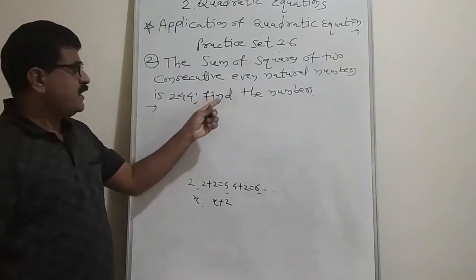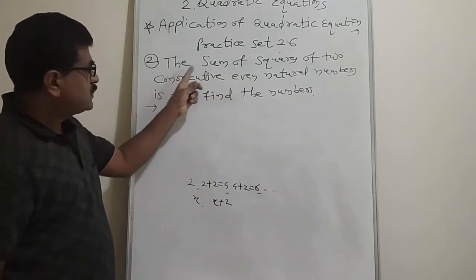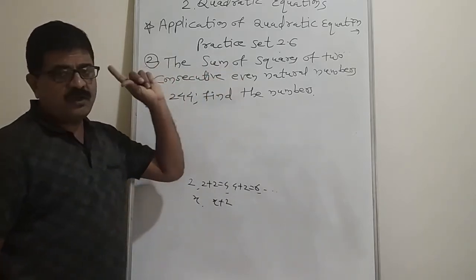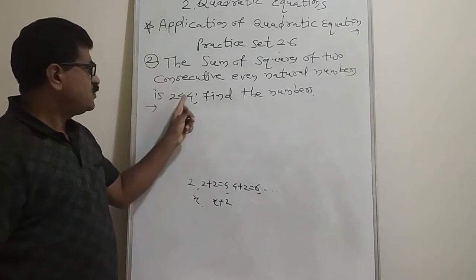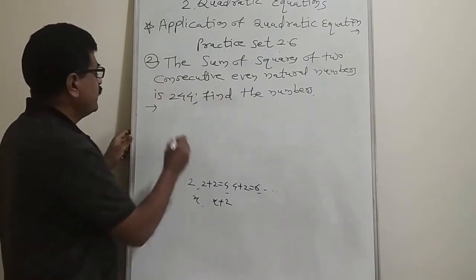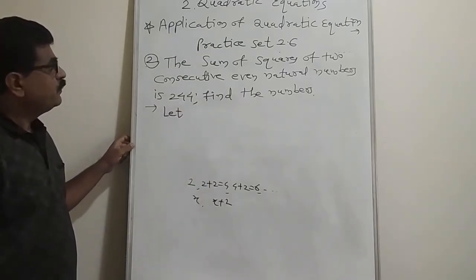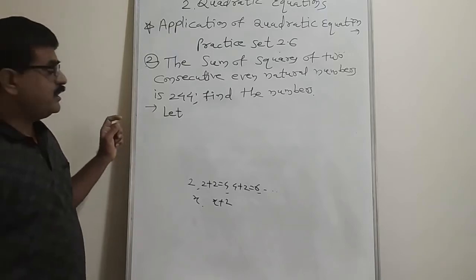Therefore, first we write: let the sum of squares of two consecutive even natural numbers be 244. Find the numbers.